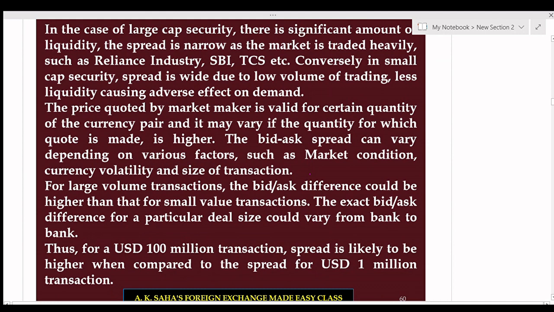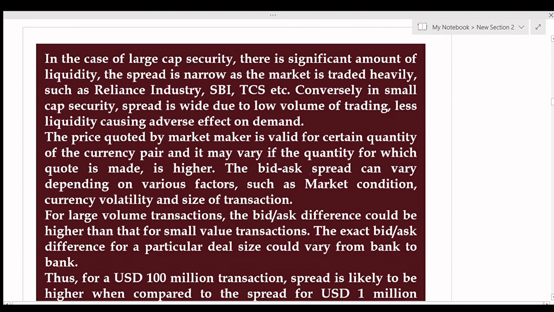In the case of large cap securities, there is a significant amount of liquidity. The spread is narrow and the market is traded heavily, such as Reliance Industries, SBI, TCS, etc. Conversely, in small cap securities, the spread is wide.